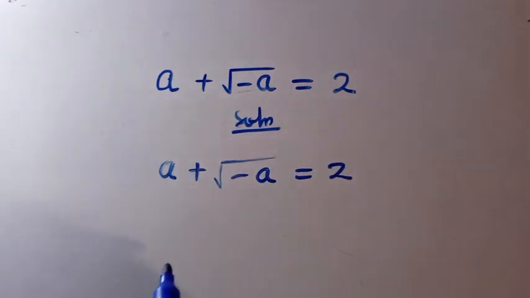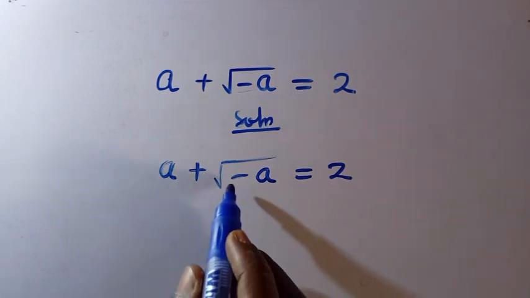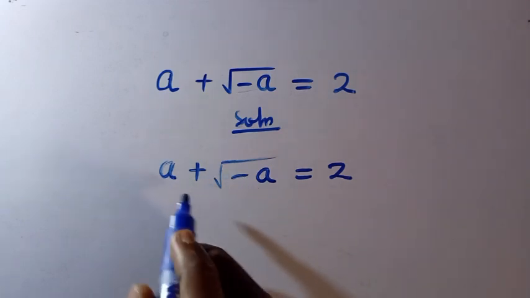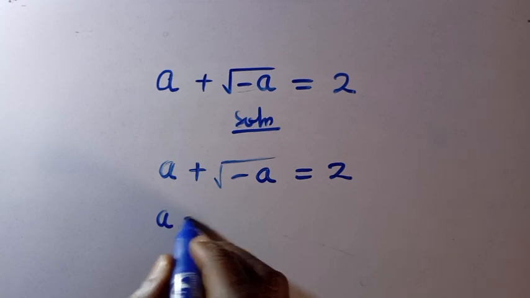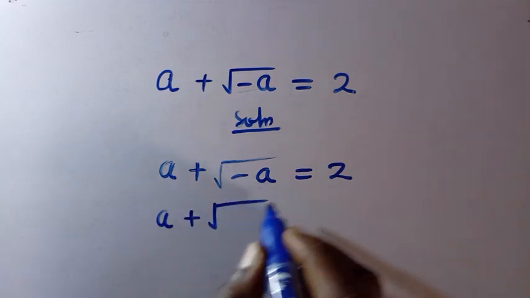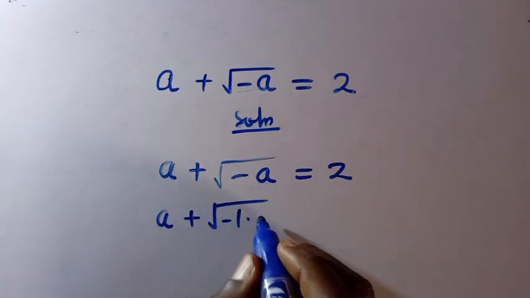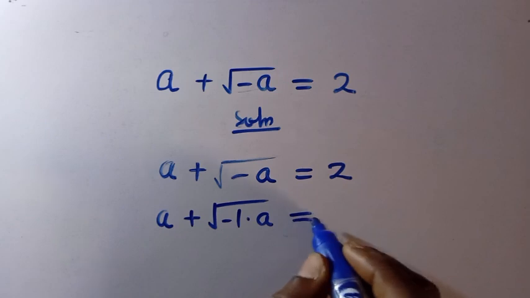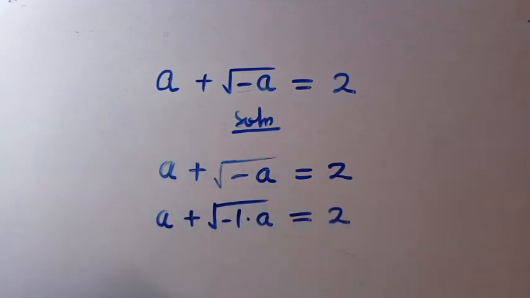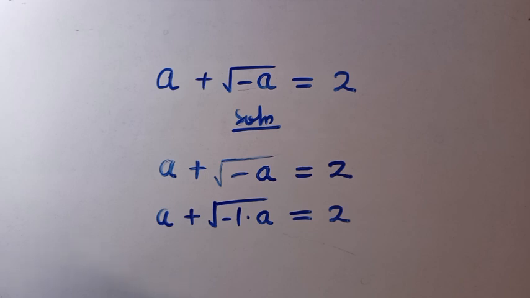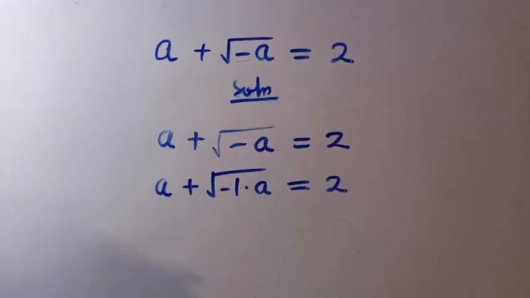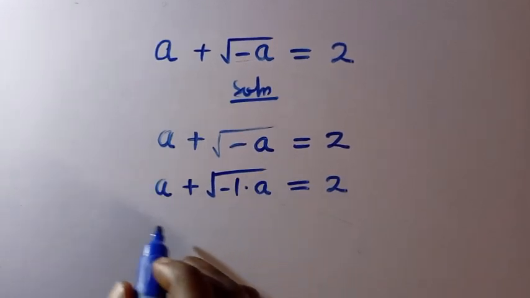Then, we have to note that for this minus 1 here, it's the same thing as when we have this as a plus the square root of minus 1 multiplied by a equals 2. And again, let's try to separate this using the rule of surds.